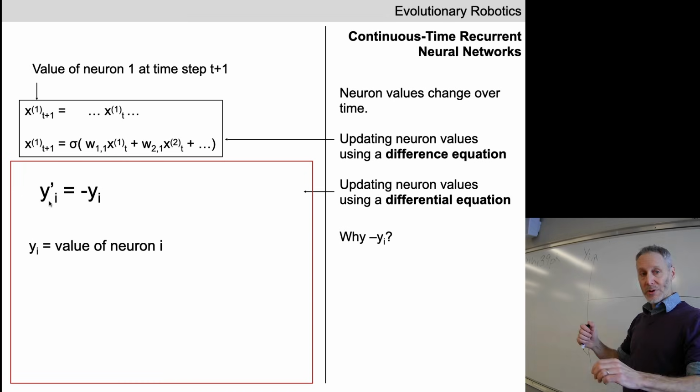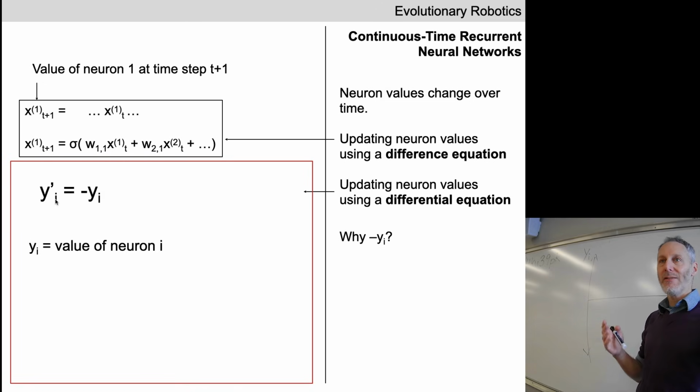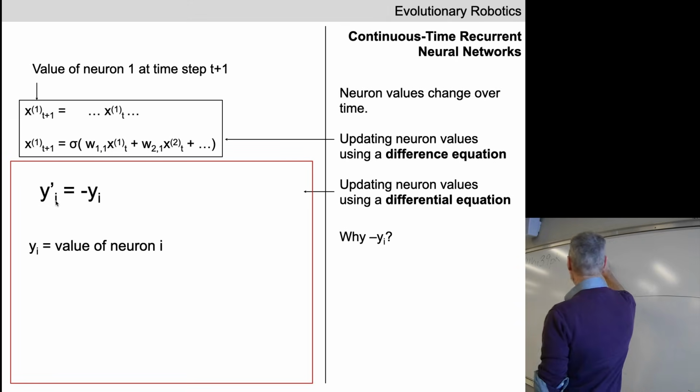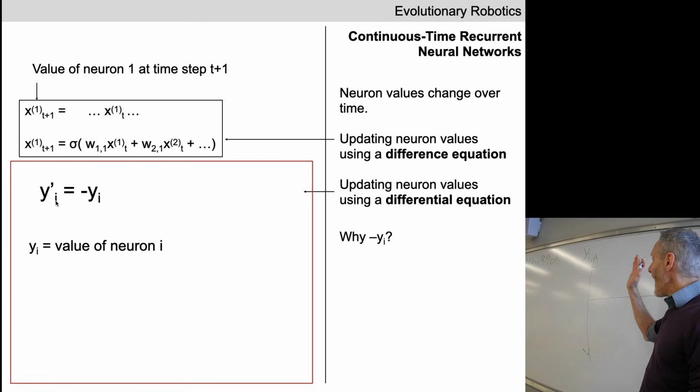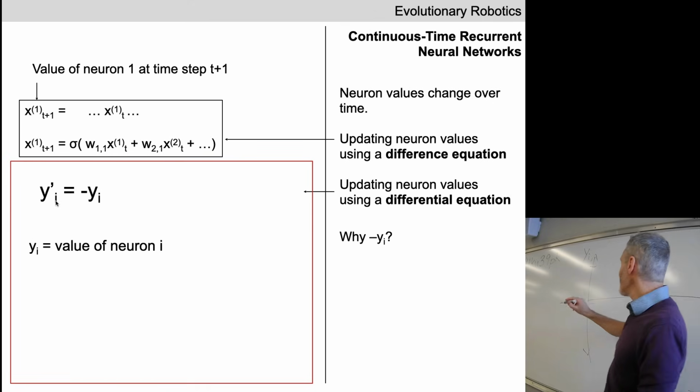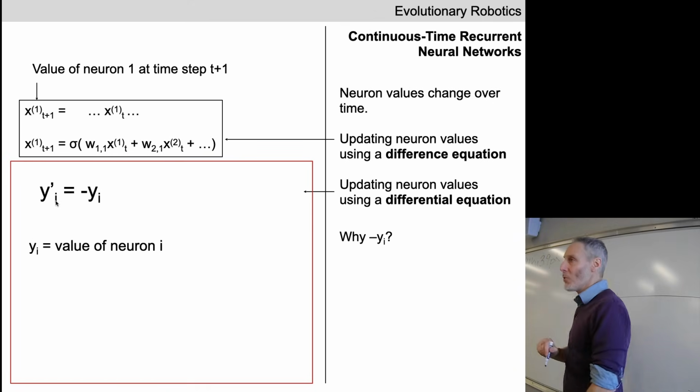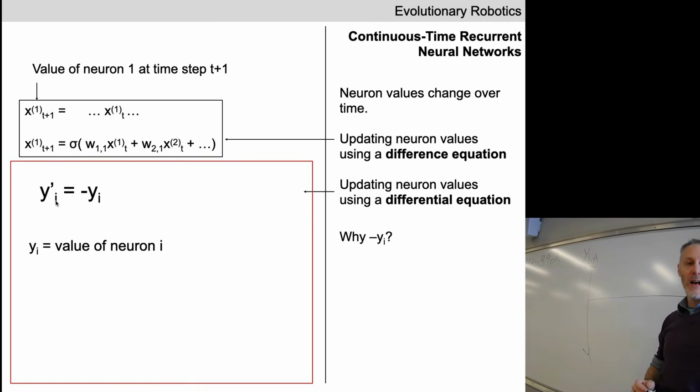So when we're dealing with differential equations, if we want to understand them, best thing to do is first assign an initial value. So let's just assume for argument's sake that at a given point in time, the ith neuron inside a CTRNN has a value of plus 1. That's its current value. Y sub i at this moment in time is plus 1.